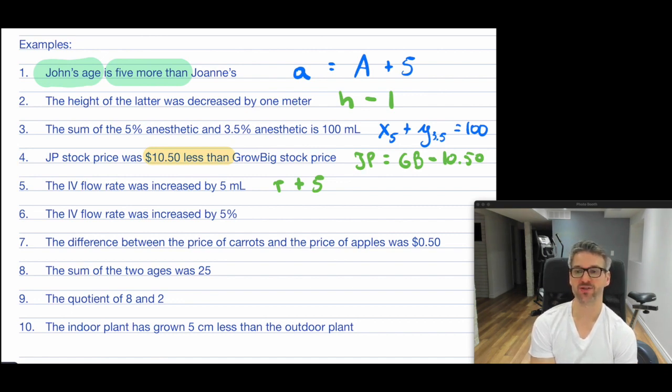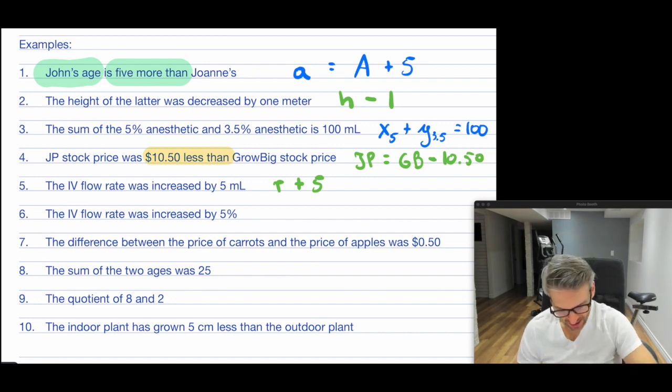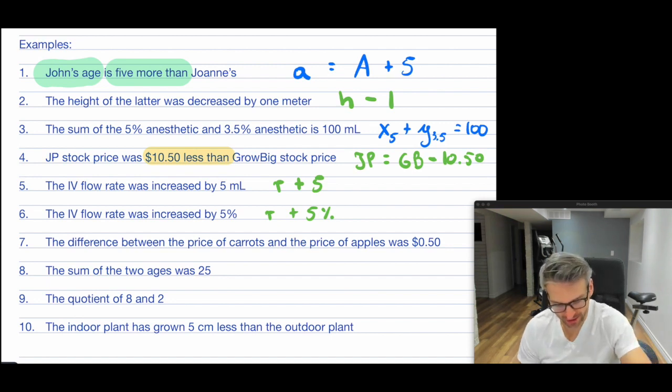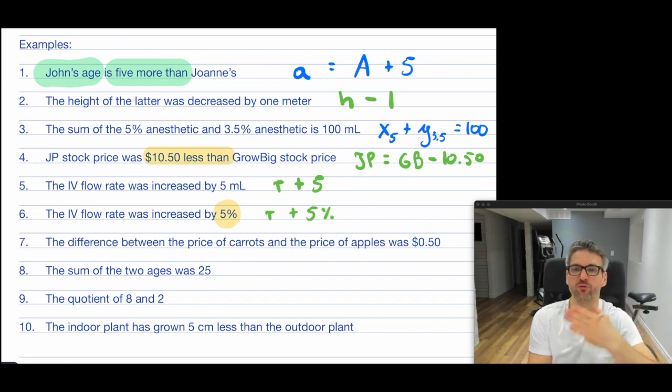Question 6. The IV flow rate was increased now, notice, by 5%. This is really important because here a lot of students like to do this. This is incorrect in terms of math. When you are increasing or decreasing by a percentage, it's 5% of the original.